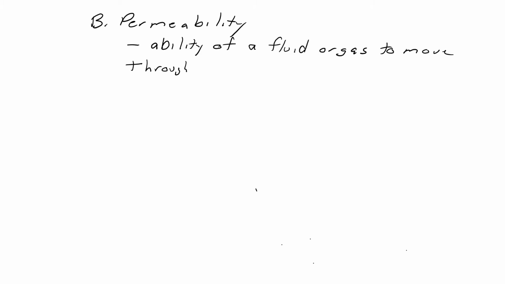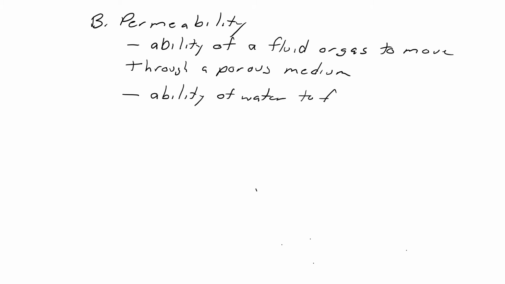A simple definition for permeability is the ability of a fluid or gas to move through a porous medium. Kind of simplifying it just for this class, you could think of it as the ability of water to flow through rocks and soils.